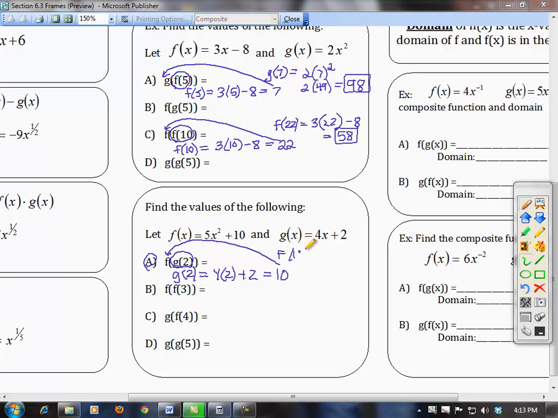So f of 10 is 5 times 10 squared plus 10. Well, 10 squared is 100. 100 times 5 is 500, and 500 plus 10 is 510.